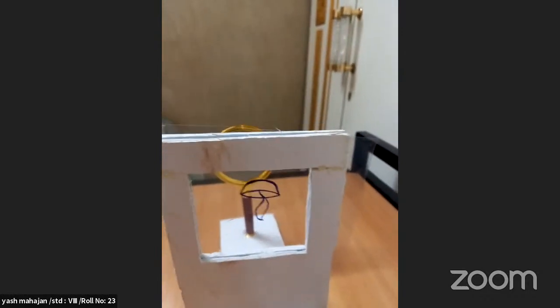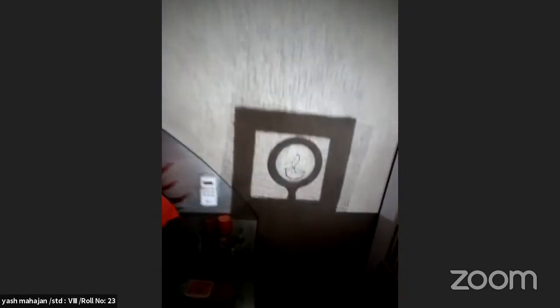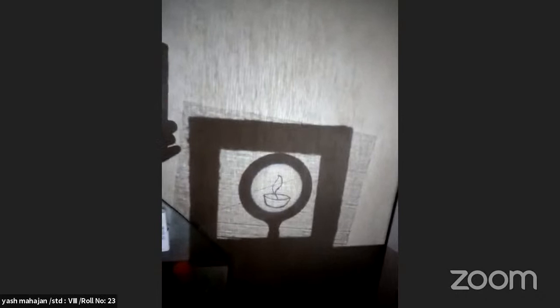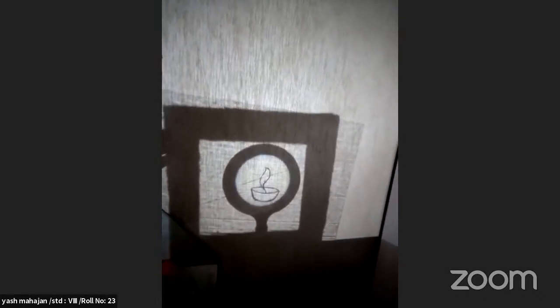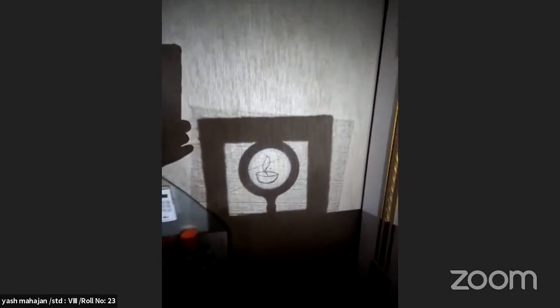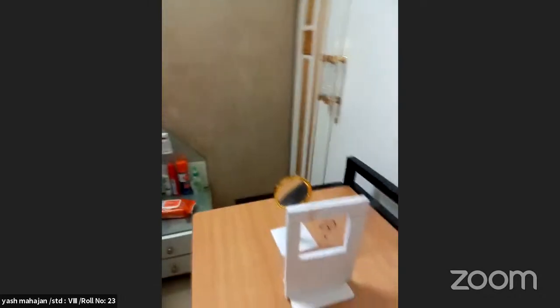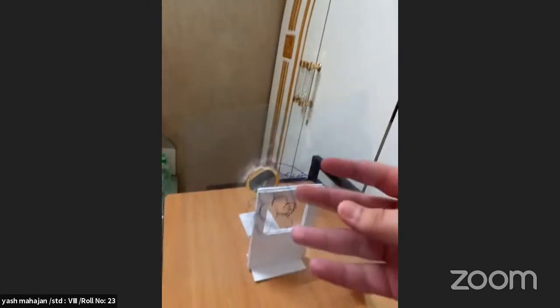See how it looks. Now let's place the third image. As you see, the third image is an inverted flower.